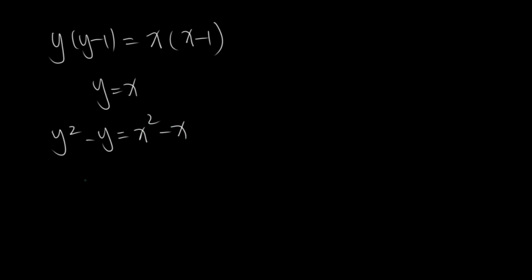That would be to expand this, and immediately I discovered that I have y squared on the left hand of the equation and x squared on the right hand of the equation. So I can move x squared to the left hand side to use the difference of squares formula.